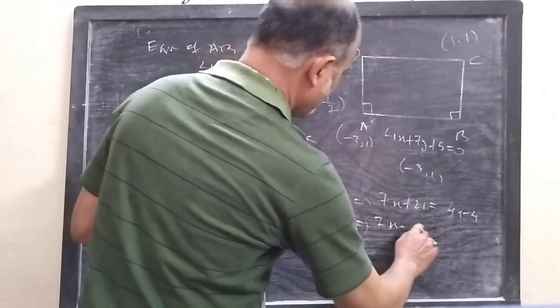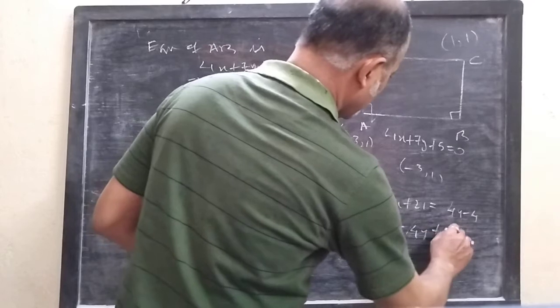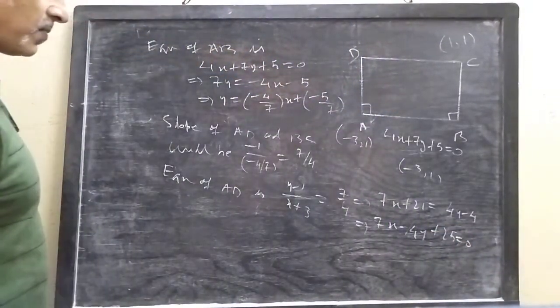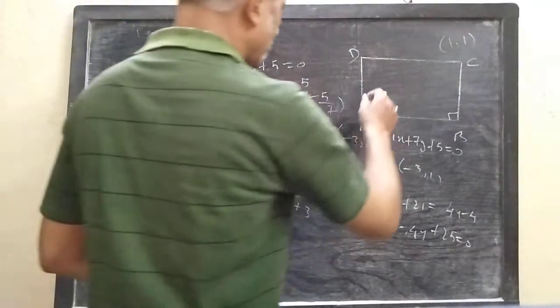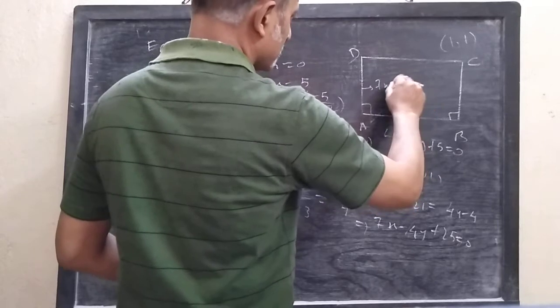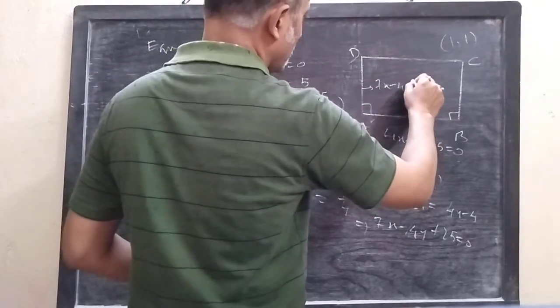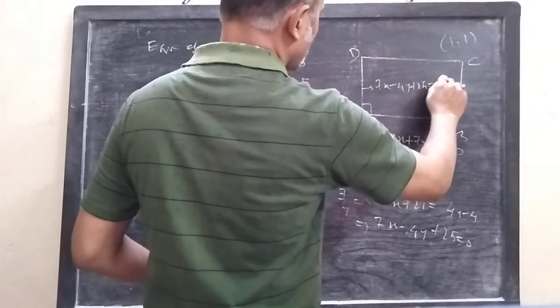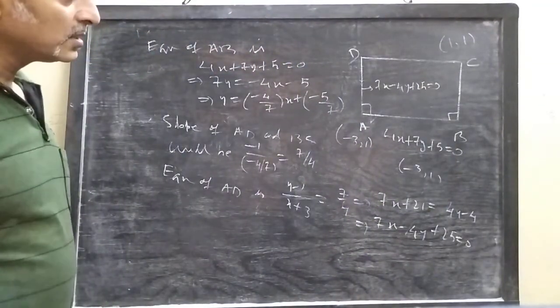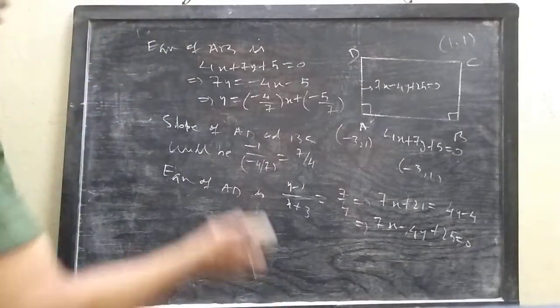That implies 7x minus 4y plus 25 equals 0. This is the equation of AD. Equation of AD we have found: 7x minus 4y plus 25 equals 0. Next, let us find the equation of side BC.